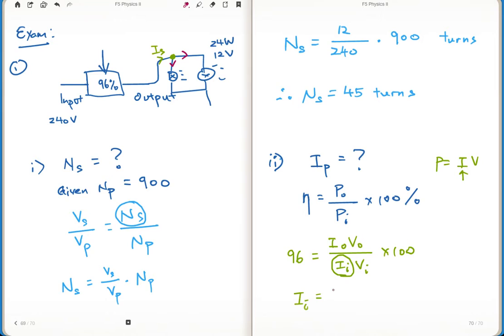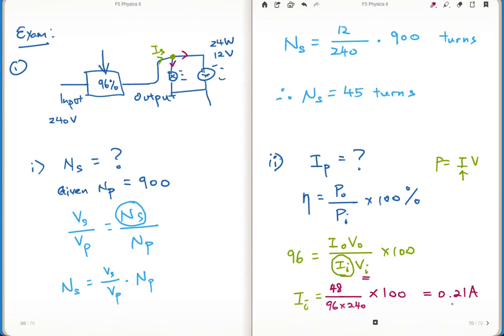So here eventually it's 48, not 24, because it's parallel. Over 96, times 240 input, times 100, and therefore the answer should be 0.21 ampere.